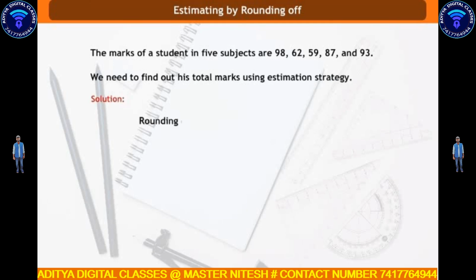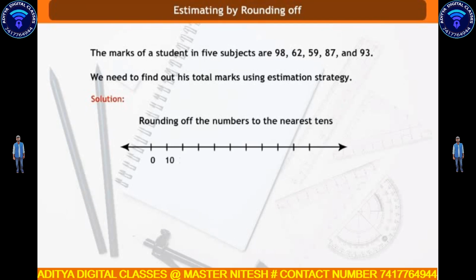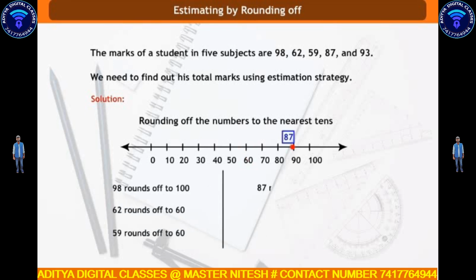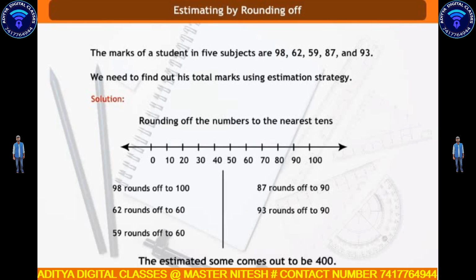To do it, we round off the numbers to the nearest tens. 98 rounds off to 100, 62 rounds off to 60, 59 rounds off to 60, 87 rounds off to 90, 93 rounds off to 90. The estimated sum comes out to be 400. Therefore, the total marks of the student are 400.